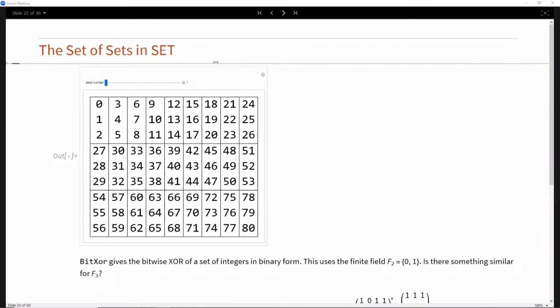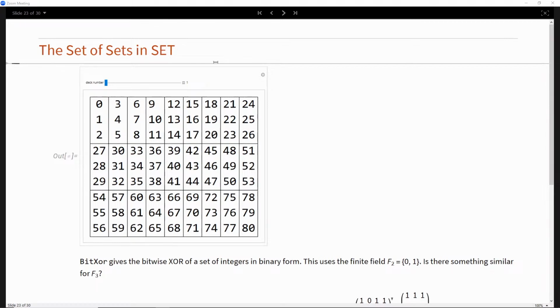If you've ever played the game of Set, there's basically shapes, numbers, colors, and I forget what the other part of Set is, but it's a set of 81 cards.